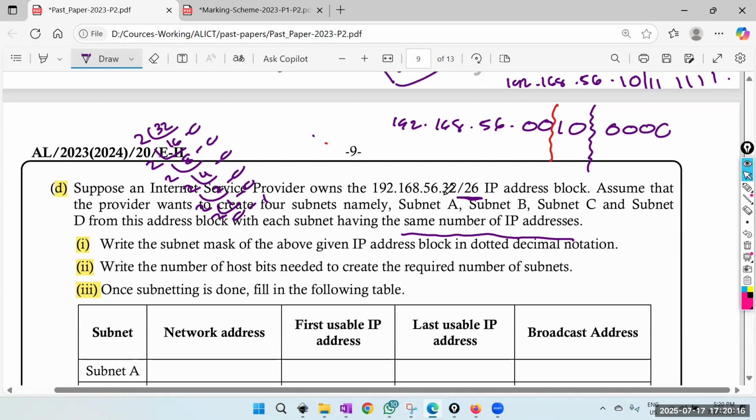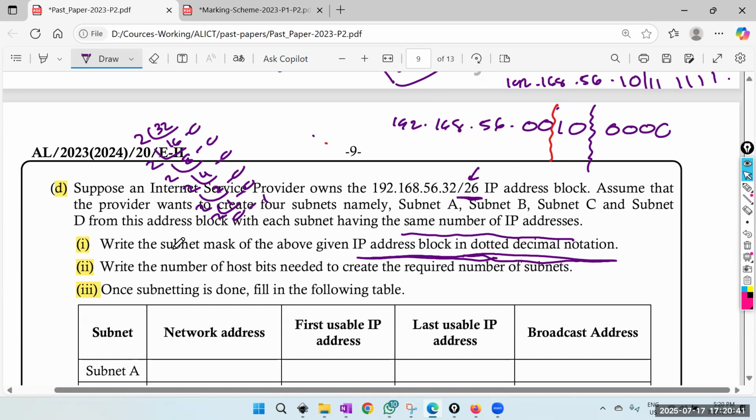Right. Write the subnet mask of the above given IP address block in dotted decimal notation. Now you need to write the subnet mask of the given IP address block, this one, in dotted decimal notation. /26 means what? That is 255.255.255.